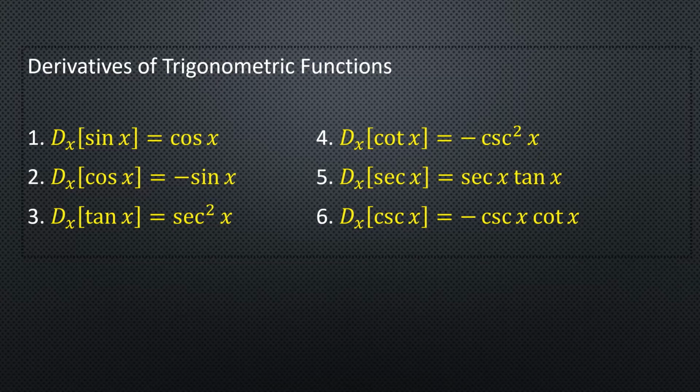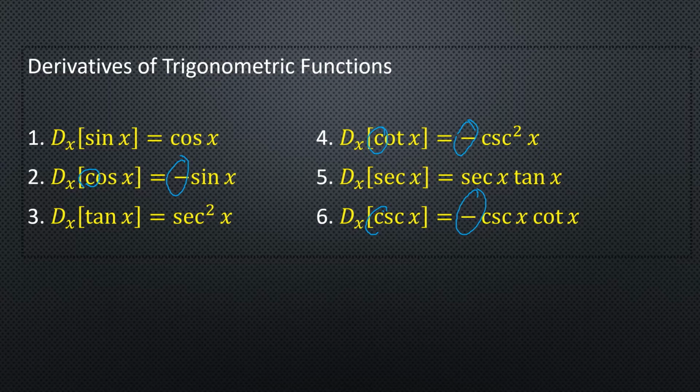One of the clues that you need to understand when you are solving for the derivative: when the function starts with letter C, just like cosine, cotangent, cosecant, you will always see a negative. So it corresponds to a negative. So let's say the derivative of cotangent x is negative square of cosecant x. Cosecant x is negative cosecant x cotangent x.